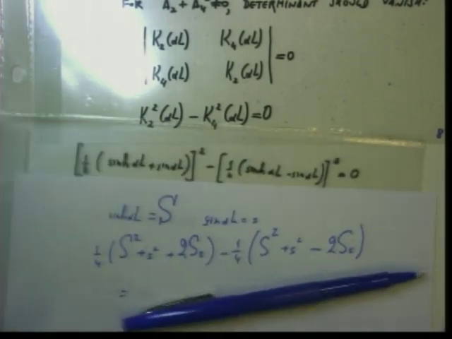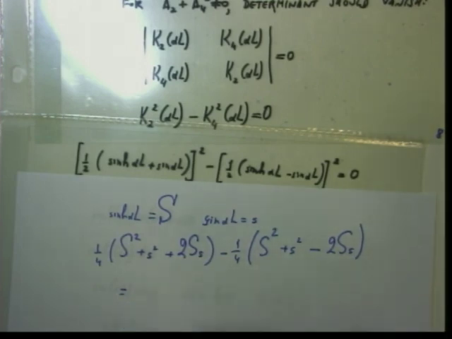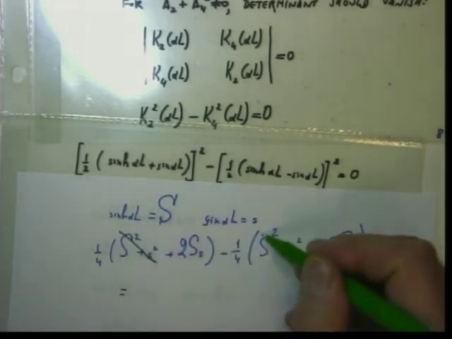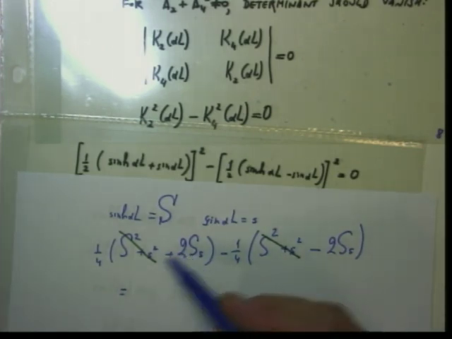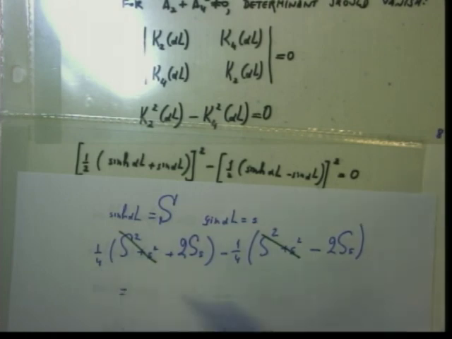Look, now these two terms and these two terms vanish together. So 2 over 4 is 1/2, and then there is also 1/2, so that will be just small s times capital S.